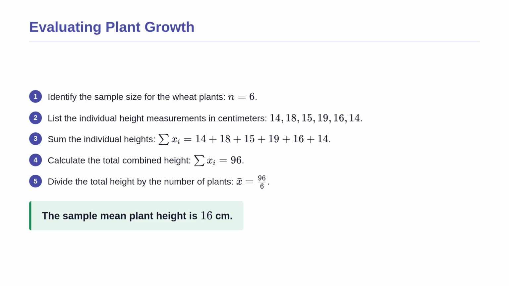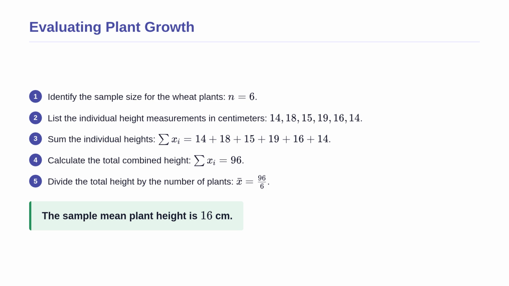Now that we have used this formula in a medical context, let us apply it to an agricultural study. Imagine you are testing a new organic fertilizer on wheat plants. You measure the heights of 6 plants after 2 weeks. Our given sample size, n, is 6. We need to find the average height to compare against unfertilized plants.